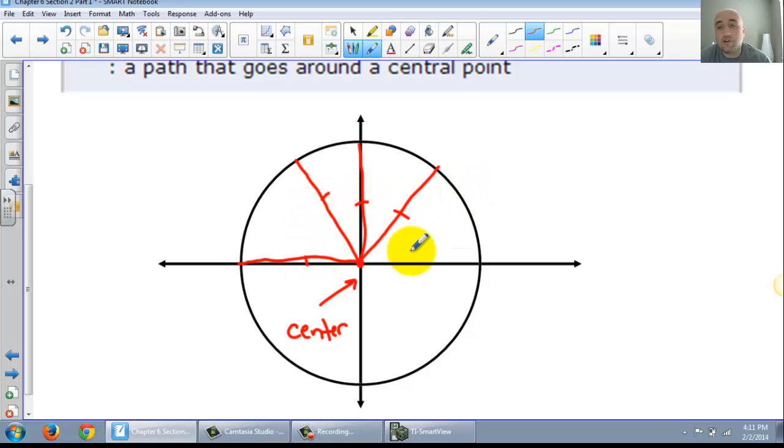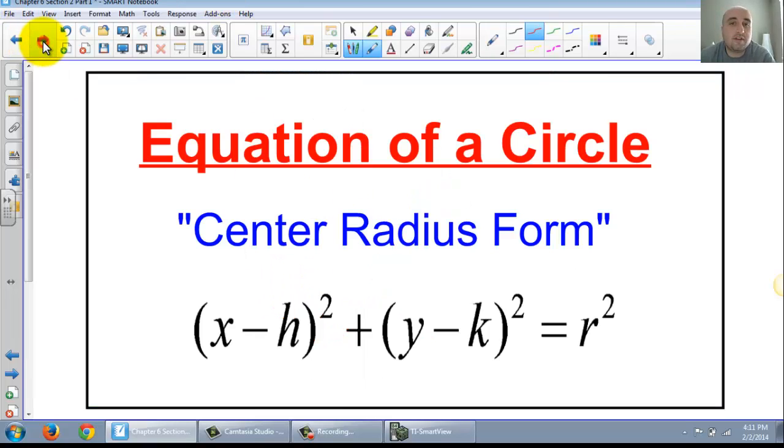Those are all equal. They should all be equal. And these sides are called the radius. So that is what a circle is. It's a bunch of points that are the same distance from the center of the circle. And when you combine all these points together, you have a circle. That's basically all it is.